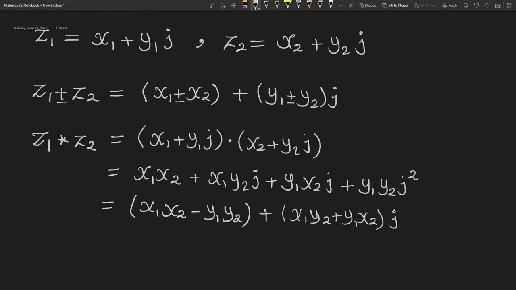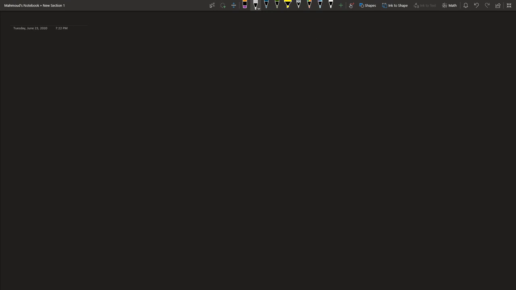However, if we try to compute the division of two complex numbers, let's say z1 divided by z2, it's not clear how exactly to do this. One way to do this would be to obtain the polar representation of the two numbers.